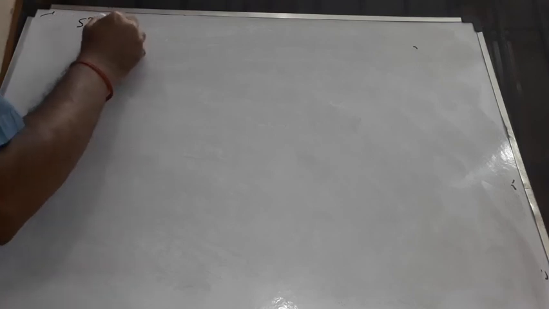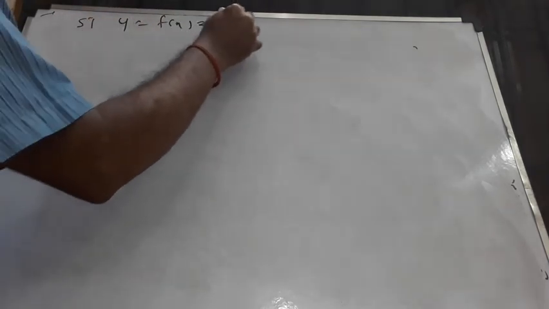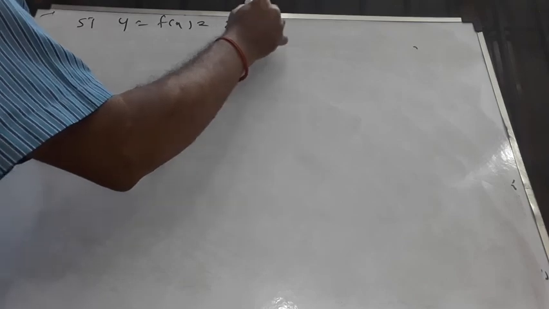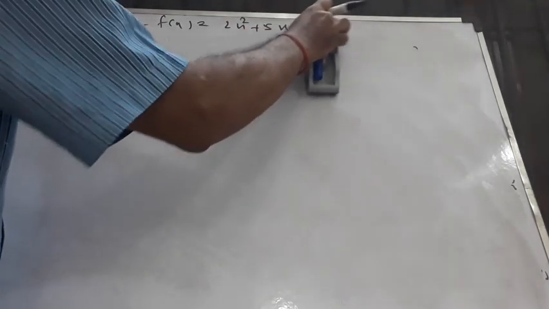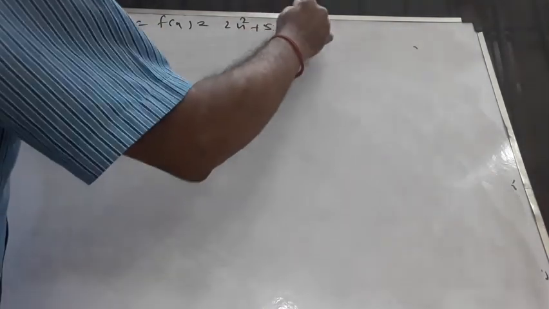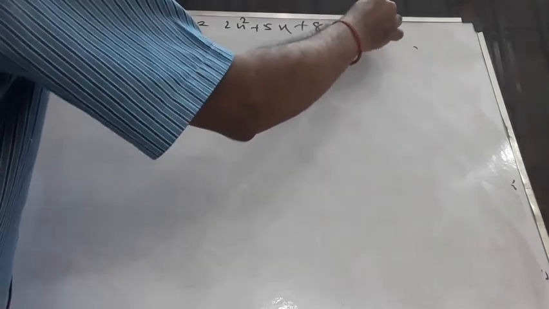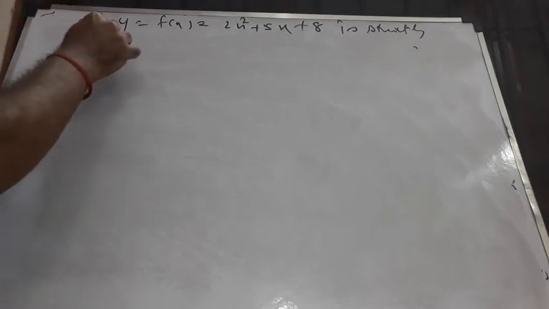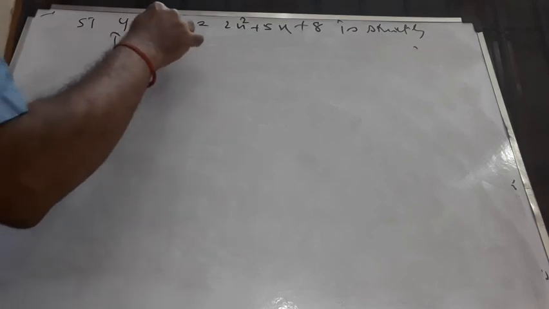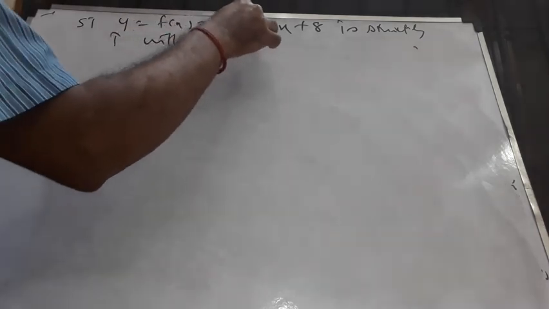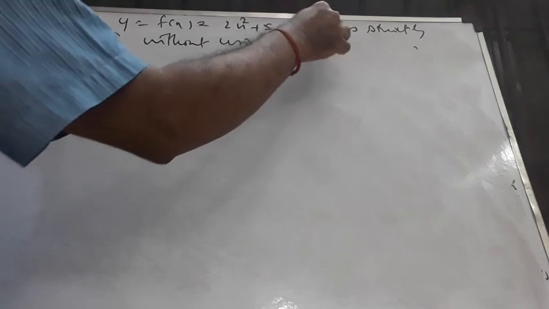Now, the first problem under this: show that y equal to f of x equal to 2x square plus 5x plus 8 is strictly increasing without using derivatives.